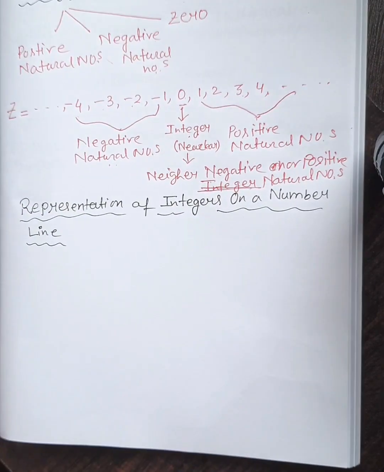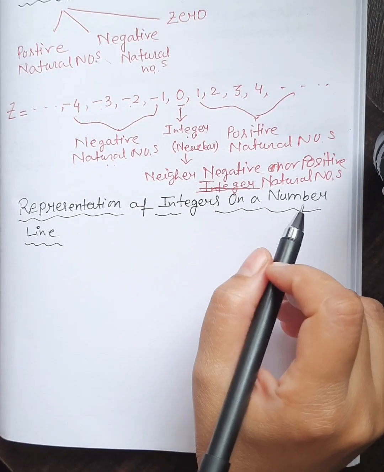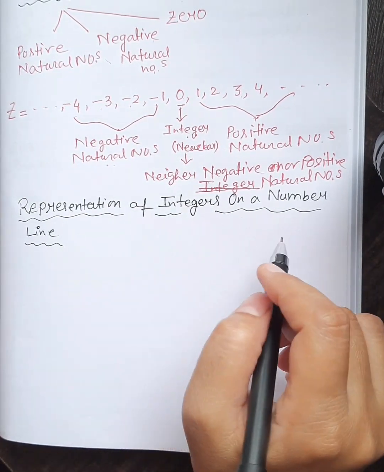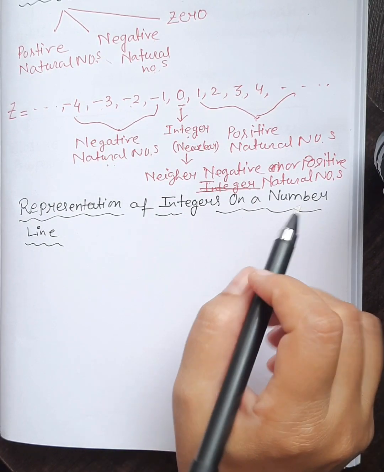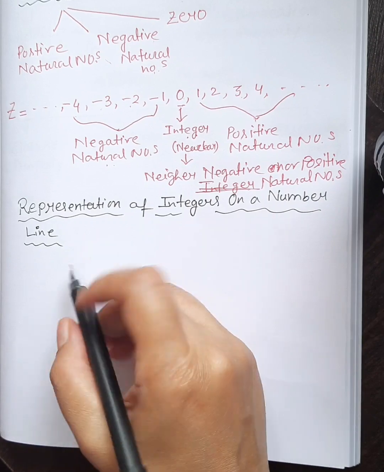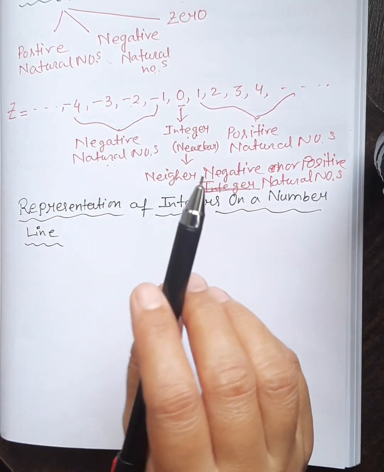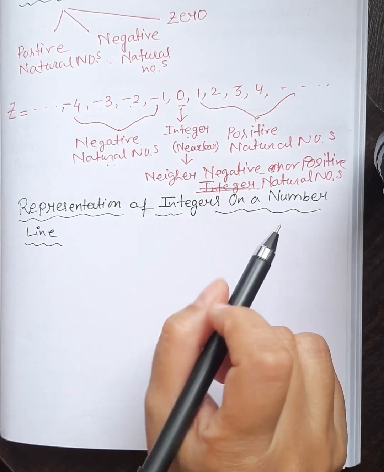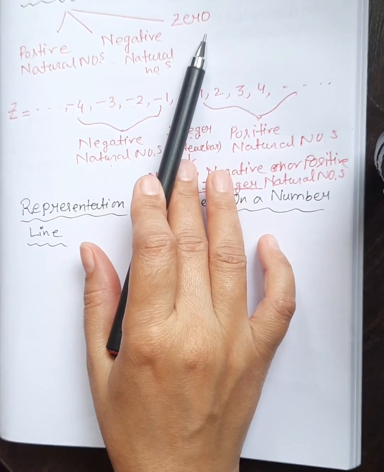Clear? Now, representation of integers on a number line. So how to represent some integers on a number line? First we will understand what a number line is. A number line is a line which consists of all integers. That means the line consists of positive natural numbers, negative natural numbers and 0.